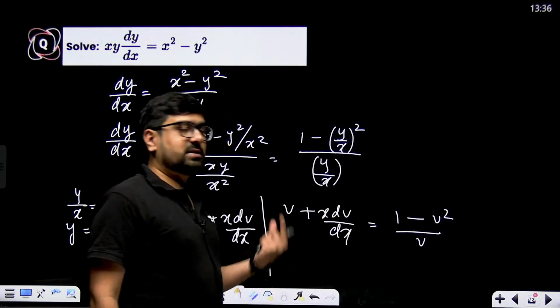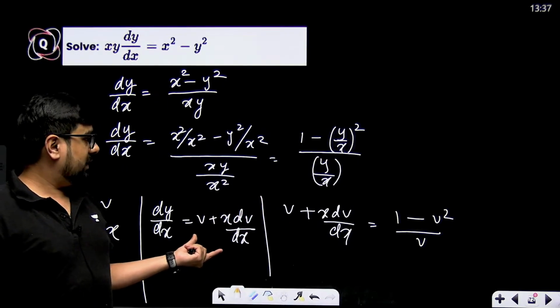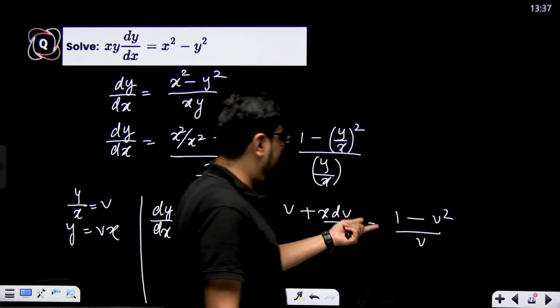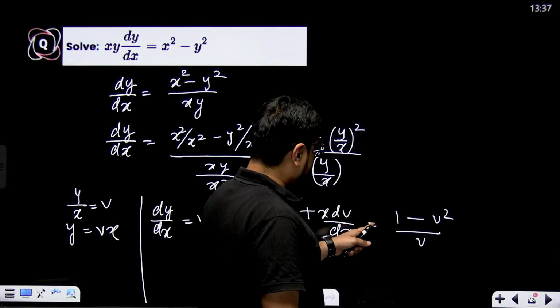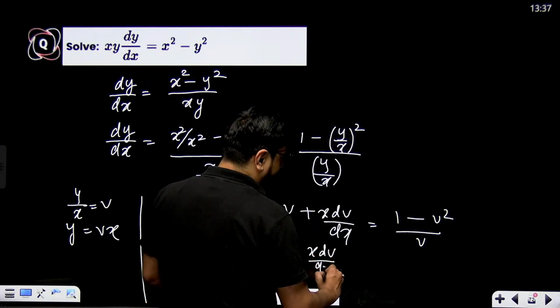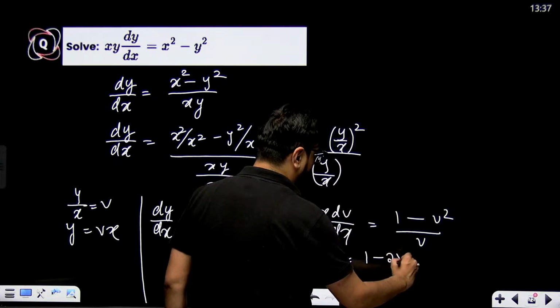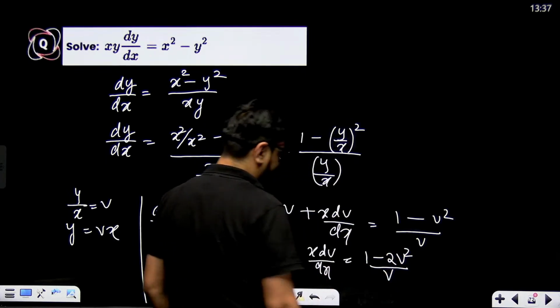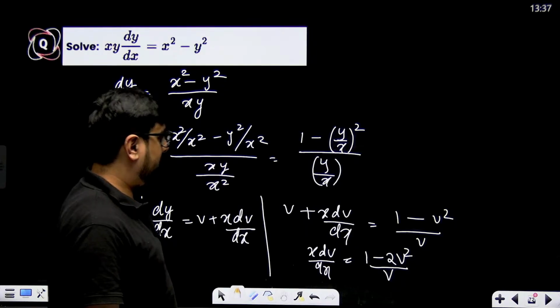And now you can achieve the variable separable form very easily, correct? So if v will take that side, 1 minus v square by v minus v, so we are going to have x dv by dx equal to 1 minus 2v square divided by v, correct? That's it.